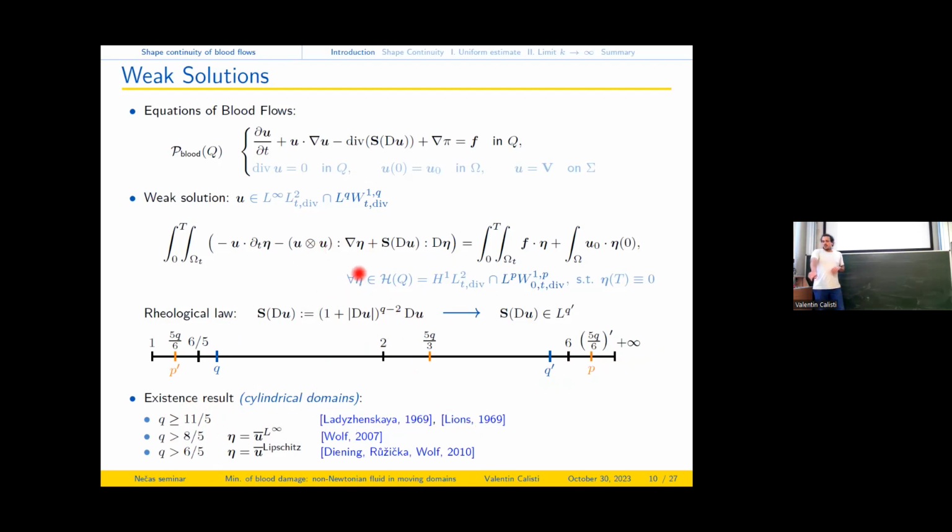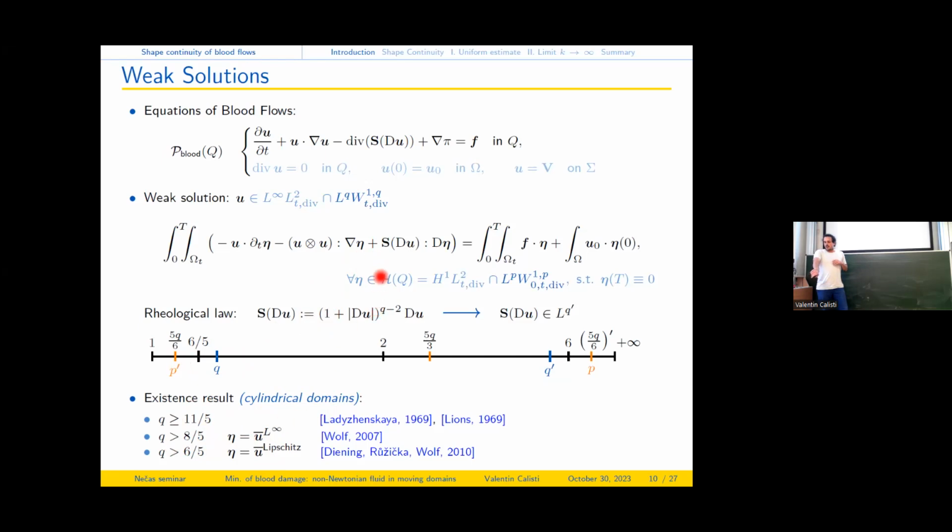If here, instead of having the derivative on the test function, I put it here, I will have some term like U grad U, and I can have less integrability on eta. So, I will need more integrability on U because I will have some gradient here. So the result holds for the exponent greater than 8/5.